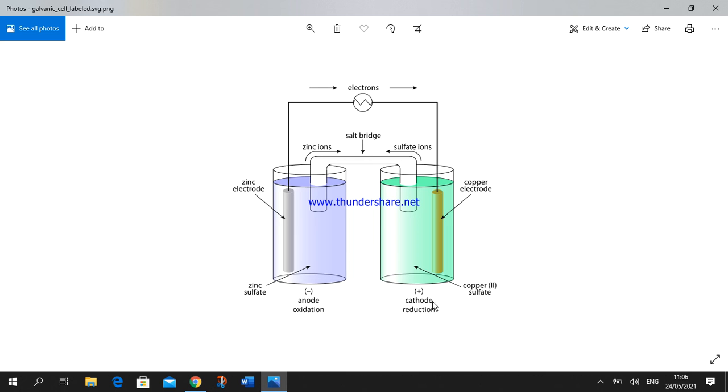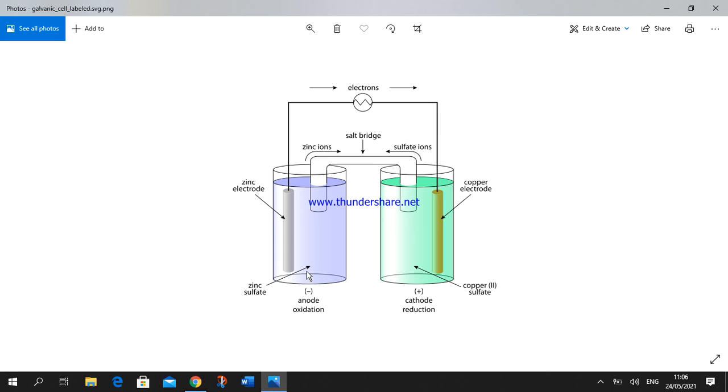Copper positive ions are reduced by gaining two electrons and change into copper neutral atoms in solid form that deposit on the surface of the copper electrode, while the oxidation process occurs at the anode.